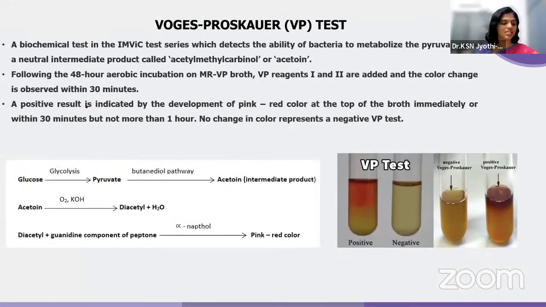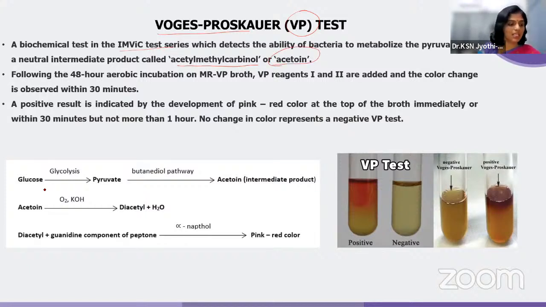A very interesting test that is further used is called the Voges-Proskauer test, or in short, we call it the VP test. So this is also in that series of those 4 tests which detects the ability of bacteria to metabolize pyruvate into a neutral intermediate product called acetyl methyl carbinol or acetoin.